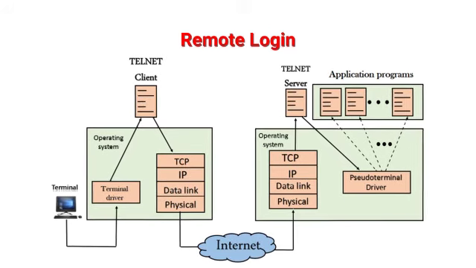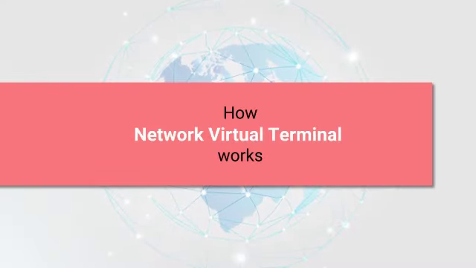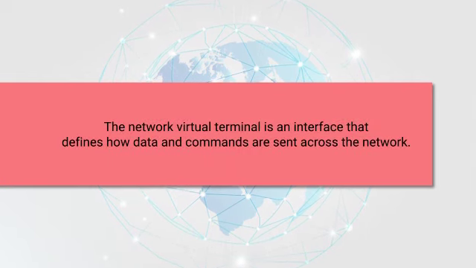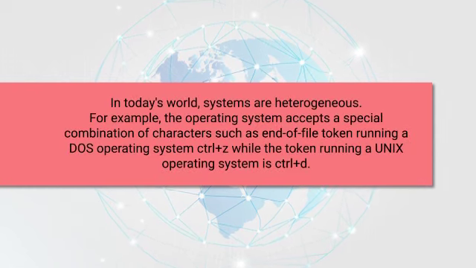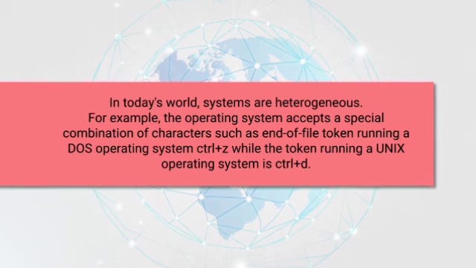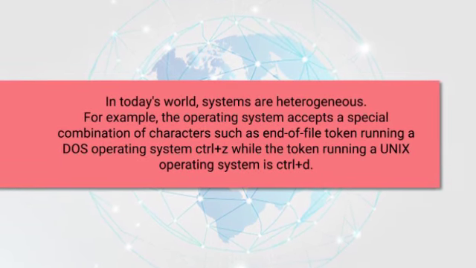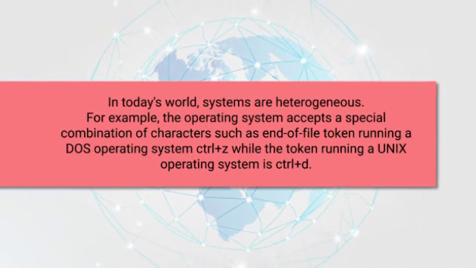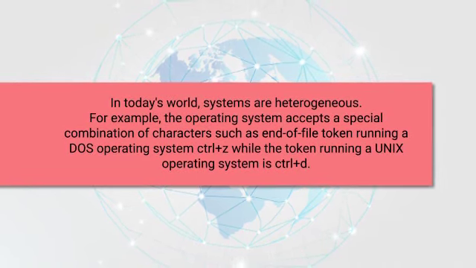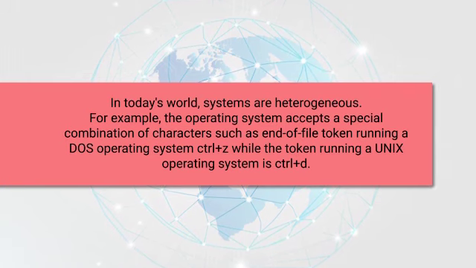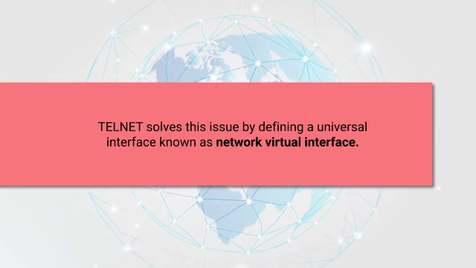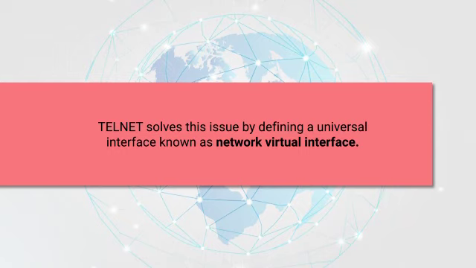How does the network virtual terminal work? The network virtual terminal is an interface that defines how data and commands are sent across the network. In today's world, systems are heterogeneous. For example, the special combination of characters for the end of file token on a DOS operating system is Control Z, while the token on a Unix operating system is Control plus D. Telnet solves this issue by defining a universal interface known as the network virtual terminal.